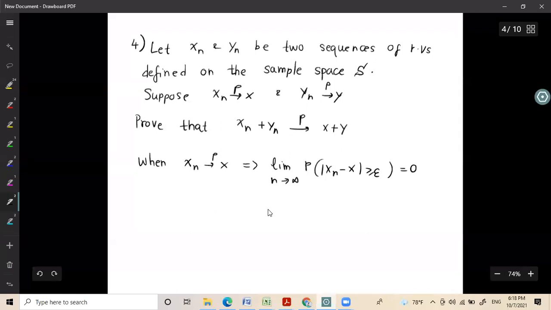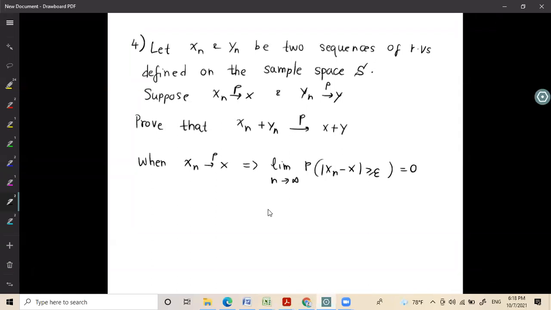That we know. Now, since we are going to add two things, rather than using epsilon, I'm going to use epsilon over 2. You can always rearrange this epsilon term so that you can arrange your answer in the familiar way. So I'm going to do epsilon divided by 2. And I'm going to do the next one also.